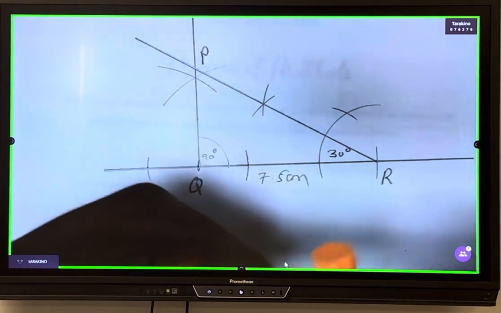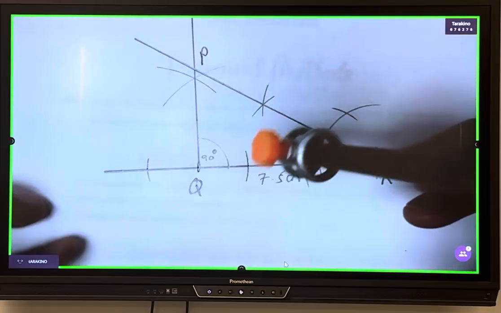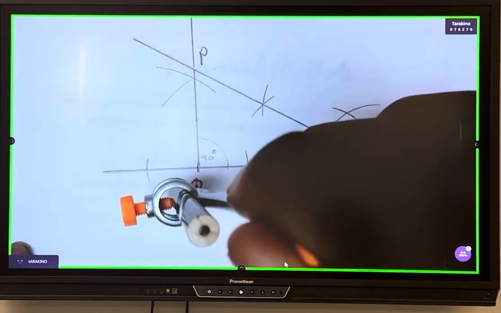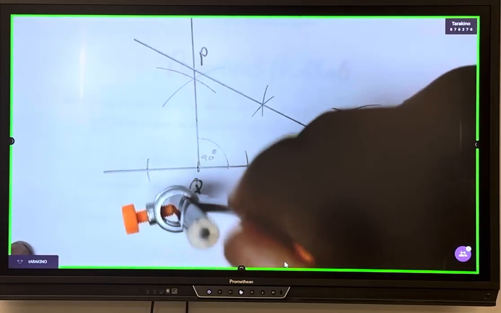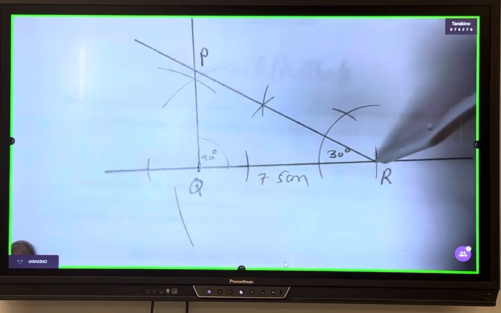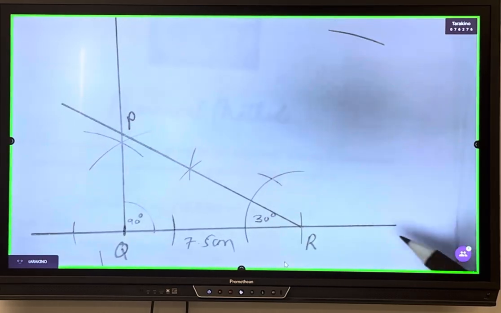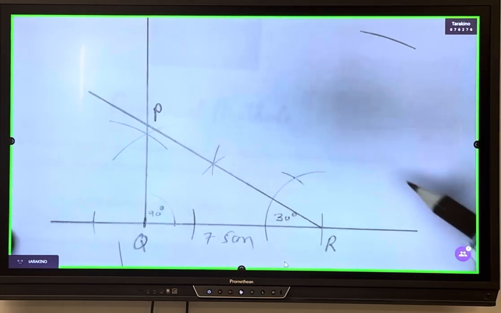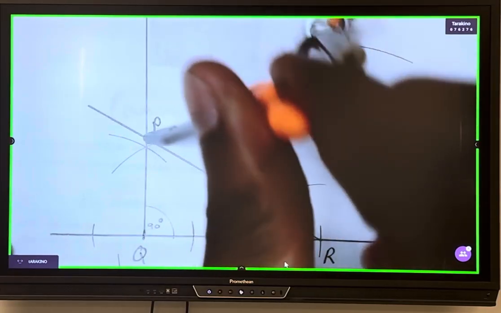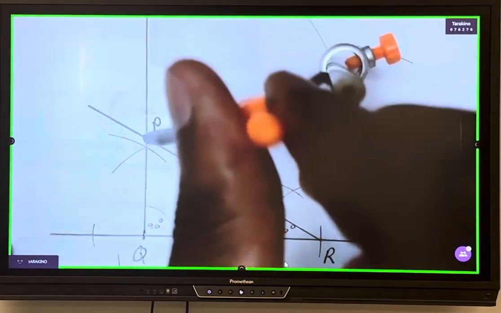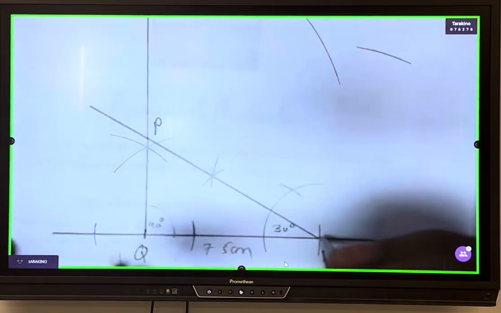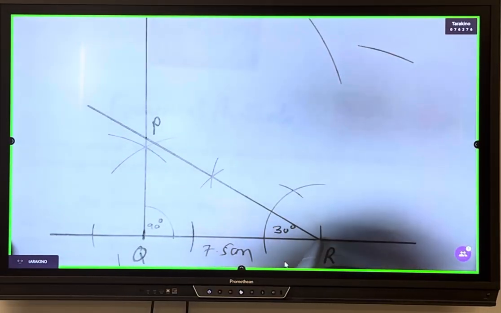To construct the perpendicular bisector, try to construct your arcs so that they are not close here, because if you compact your arcs over there, it won't be that good looking.